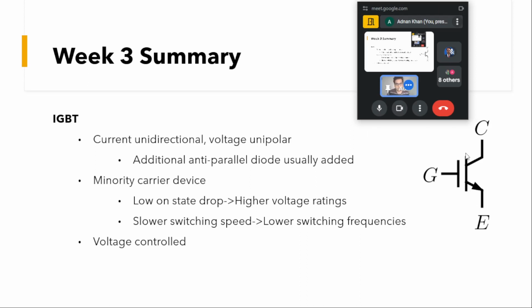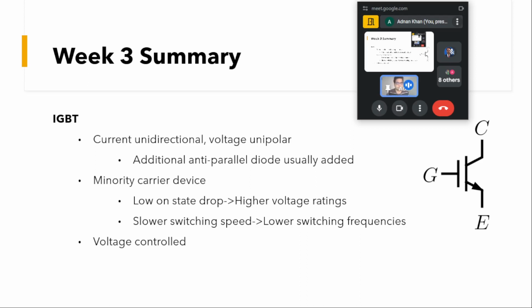We know that compared to the MOSFET, this IGBT is a unidirectional device. It is able to conduct current in only one direction, that is from the collector to emitter. Also, this IGBT is able to block voltage in one direction.